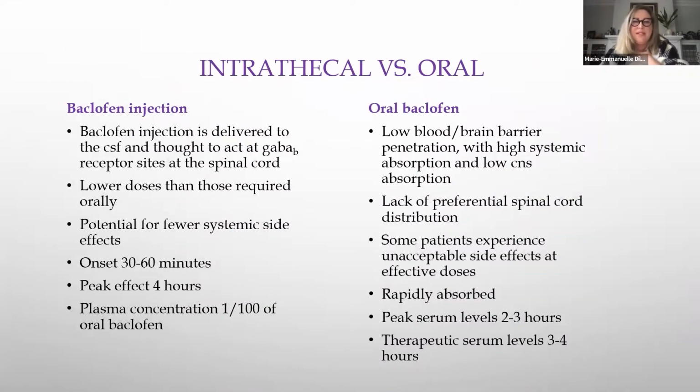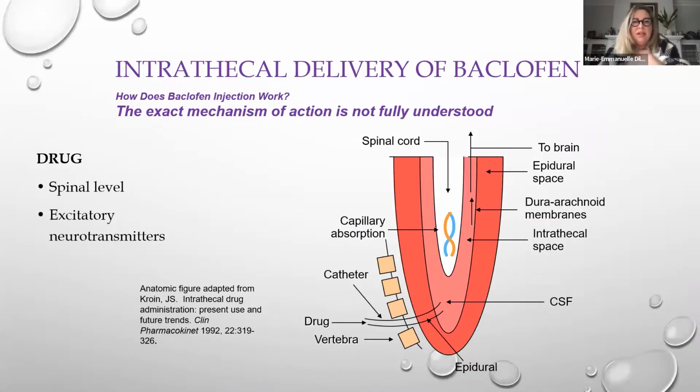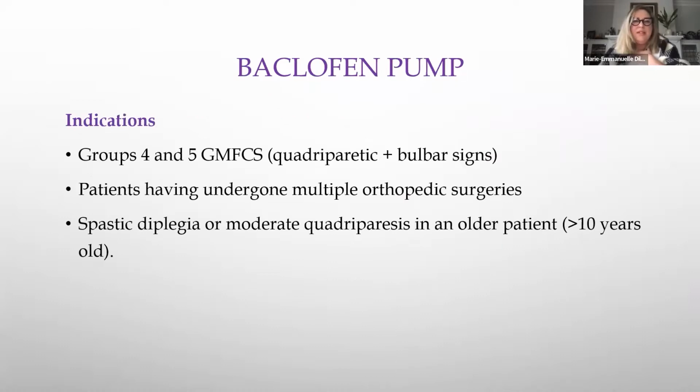But I'll still present it for your interest. The baclofen pump we usually do for group 4 and 5 GMFCS, that's for cerebral palsy, but it's basically for patients with quadriparesis, so severe spasticity, who are dependent for all activities of daily living.